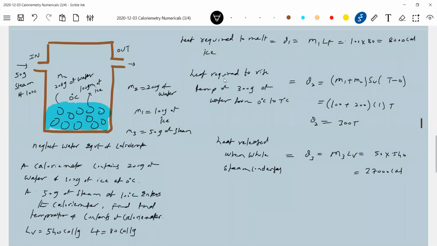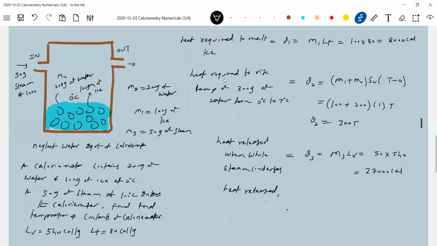Okay, let's get into this one. Now, when the whole steam condenses, it will become water at 100 degrees Celsius. Then when the water at 100 degrees Celsius falls from 100 to some T degrees Celsius, some amount of heat is released.